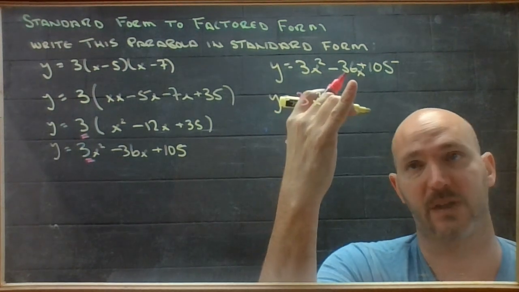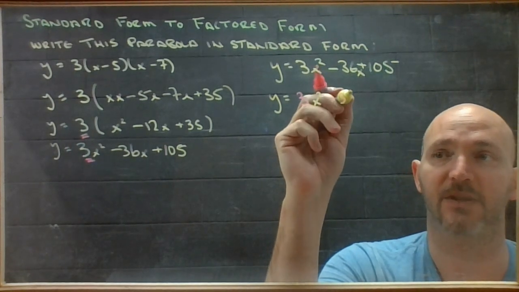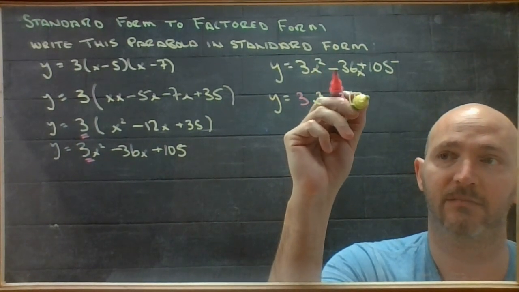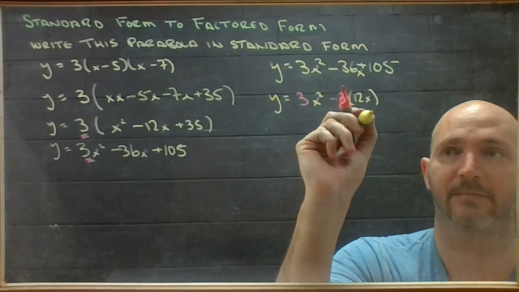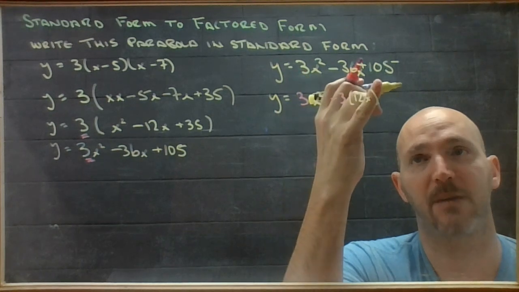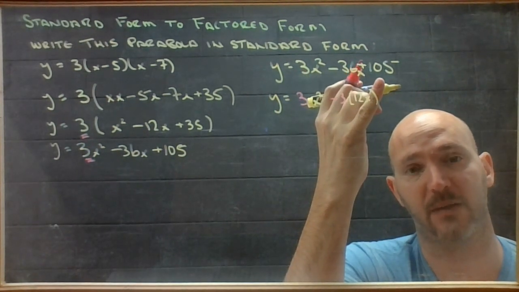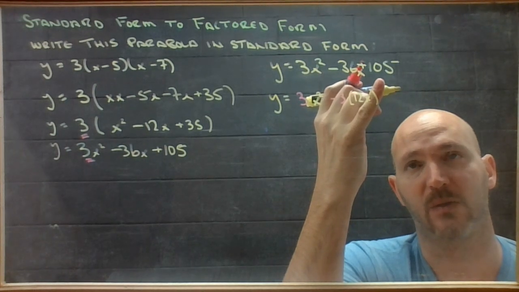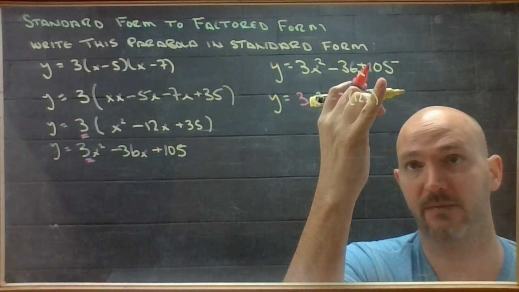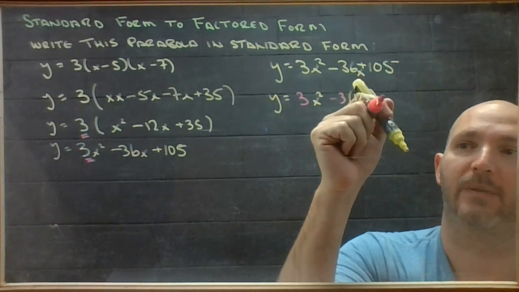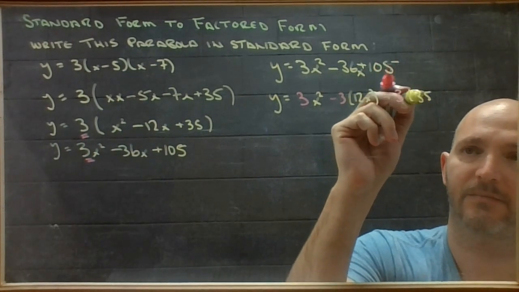So take that, divide by 3, you get -3 times 12x, since 3 times 12 is 36. And the same thing, this has to be something multiplied by 3. So you divide that by 3 and you get back to 35. So that's 3 times 35.